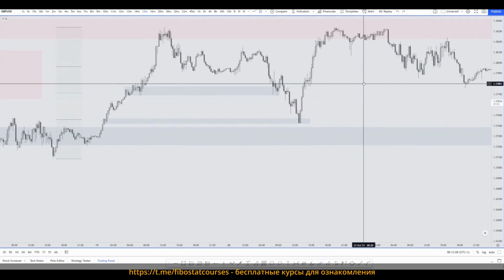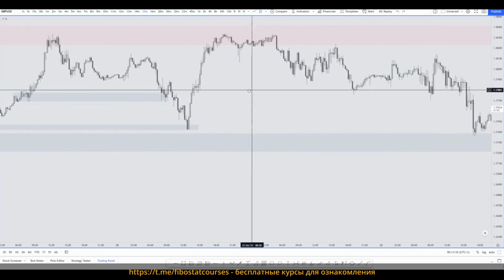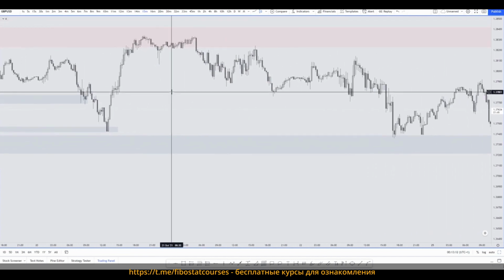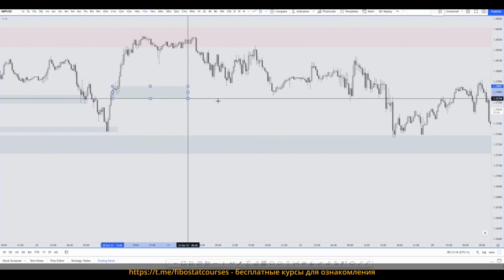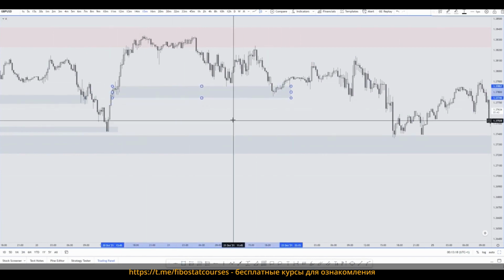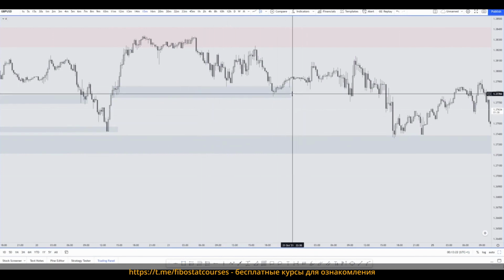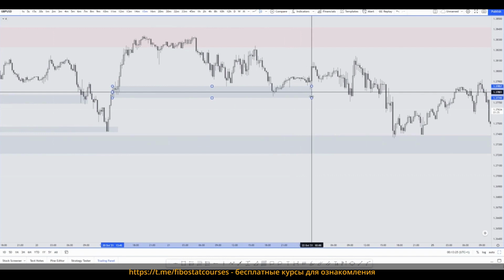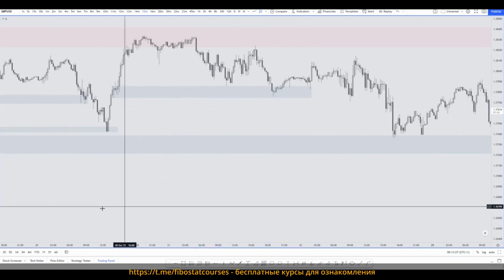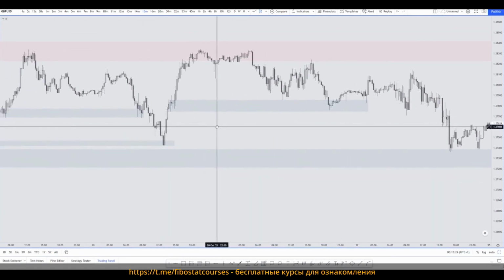This is something you'll ultimately have to test and see how they react, but what you can be assured of for sure is that certain zones will be stronger than others. And the question you're going to ask yourself is, why are certain zones stronger than others? And the easiest way I can explain it is, what did that supply or demand do?